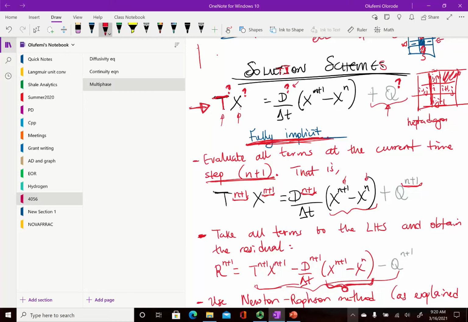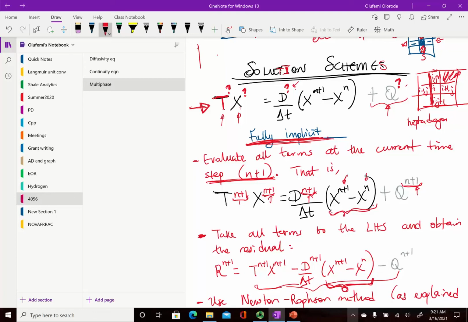And it only means that all these question marks here are evaluated at the current time step n+1. And so you see you have n+1 everywhere you add question marks. These terms do not change.